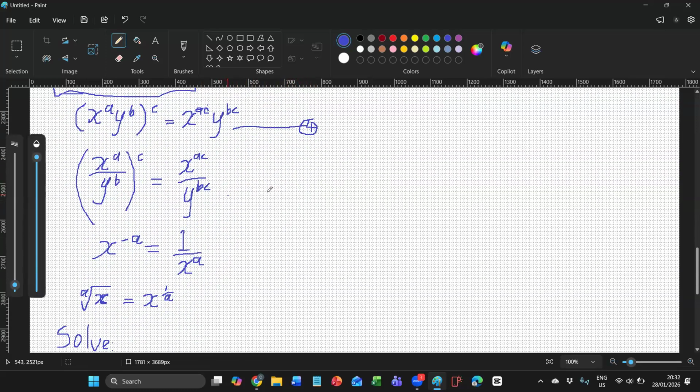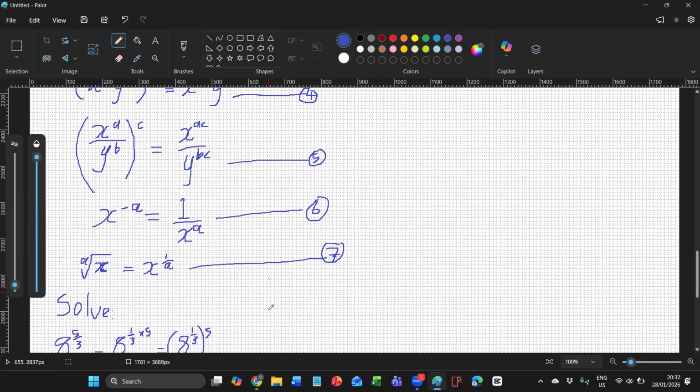This one is law 5, this one is 6, and this last one is 7. So anytime I apply a law, you can reference it here because I'm going to put the number here. So which law did I just apply?